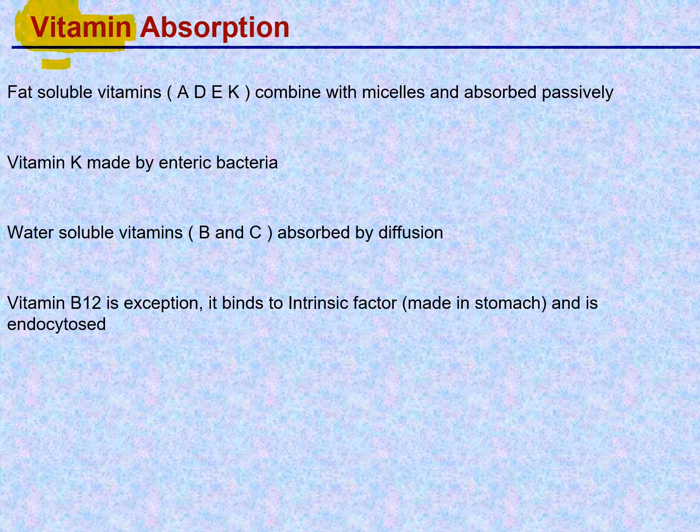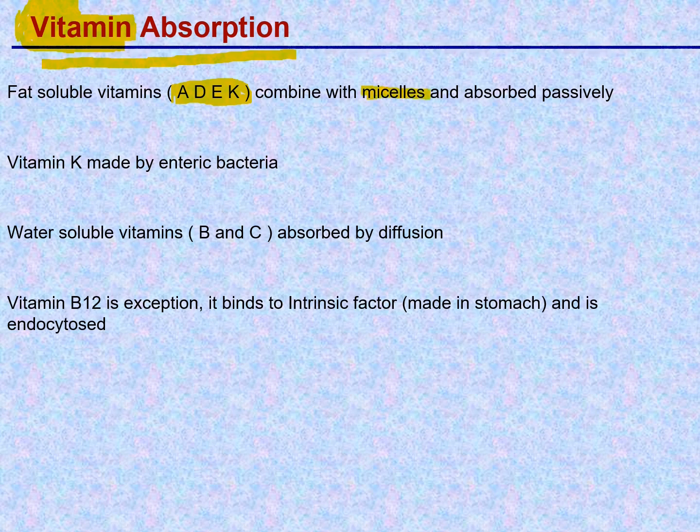The absorption of the vitamins depends on whether they are fat-soluble or water-soluble. The fat-soluble vitamins that we need and absorb are A, D, E, and K. And to make it easier to remember, I just go with ADEK. So these combine with micelles.